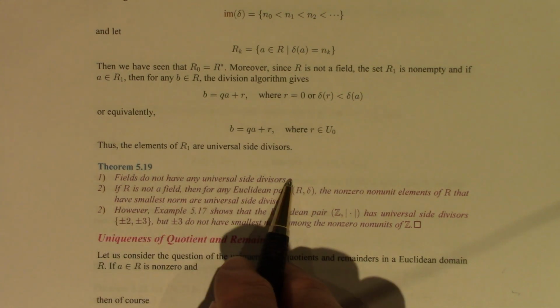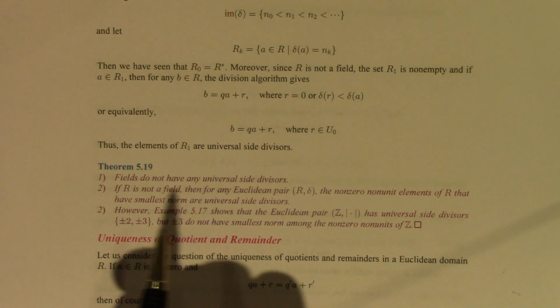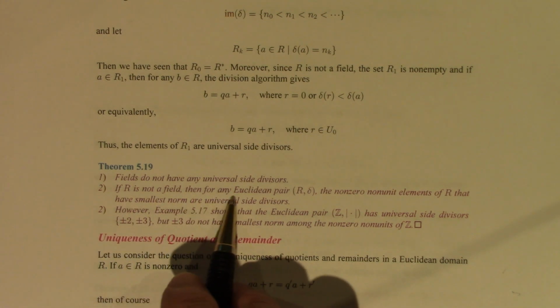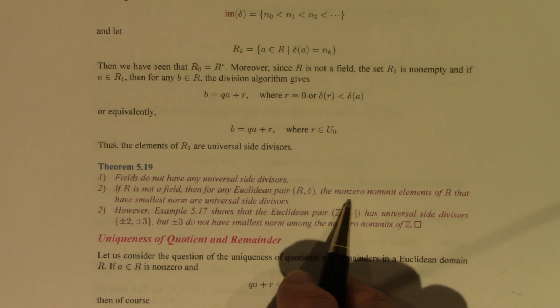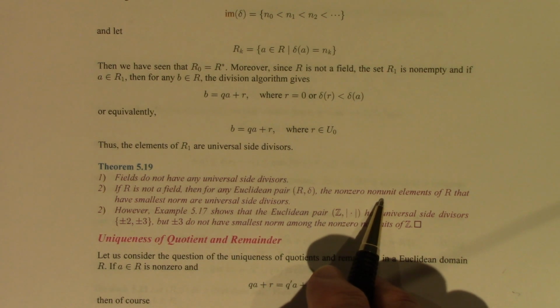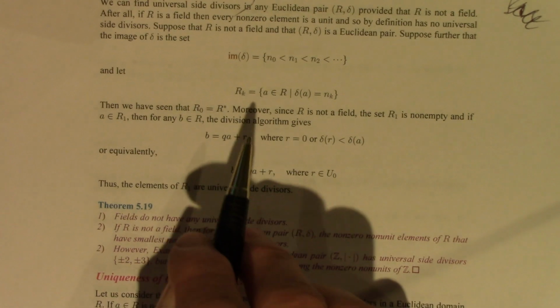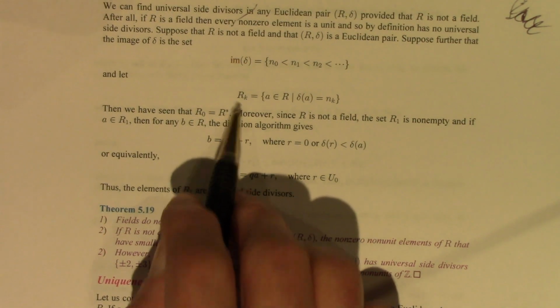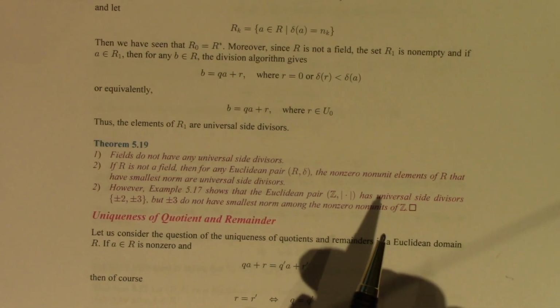In summary, fields do not have any universal side divisors. If R is not a field, then for any Euclidean pair, the non-zero, non-unit elements of R that have smallest norm, that would be capital R1, are universal side divisors.